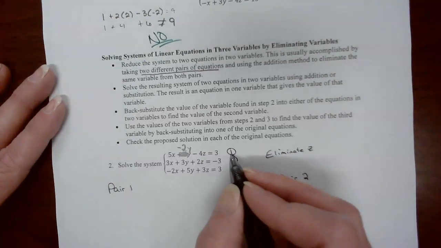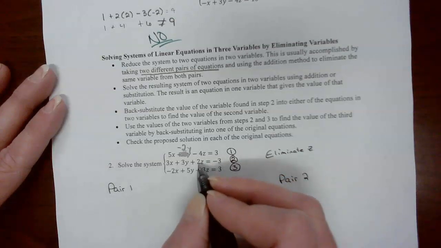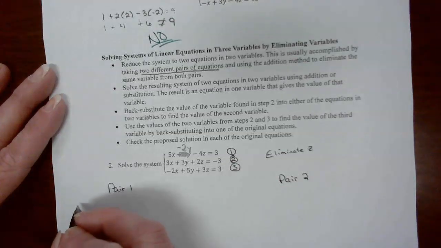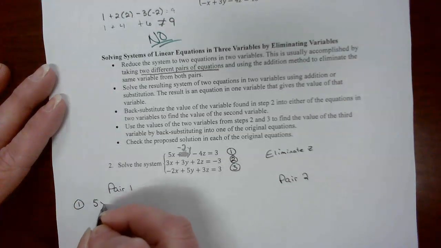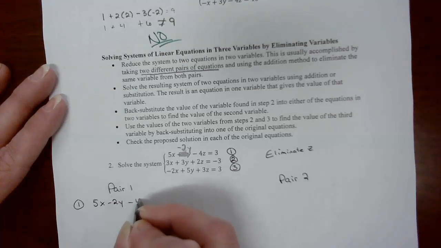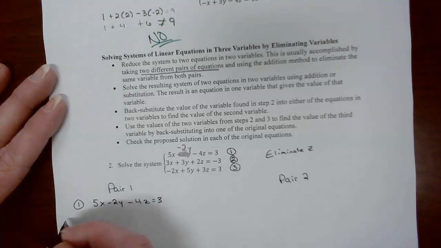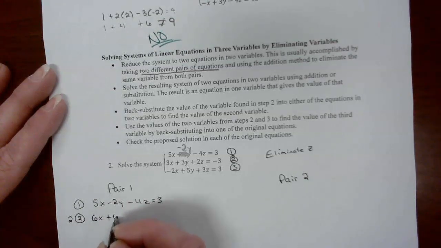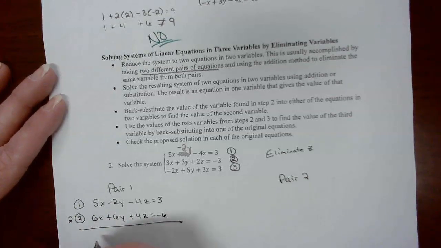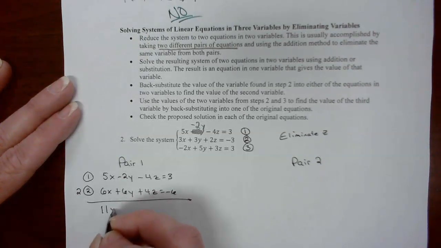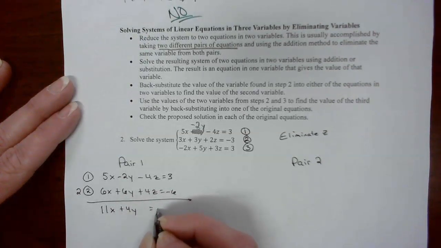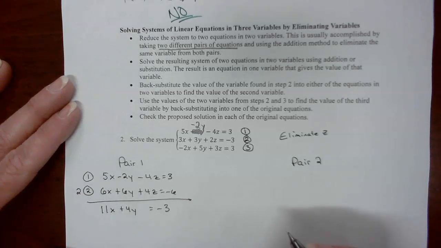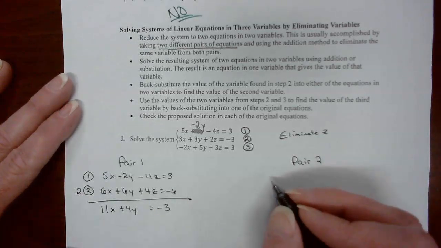So I'm going to take equation 1 and equation 2, but I will need to multiply equation 2 by 2 to get a +4z. So equation 1 is going to come just like it is. And I'm going to do 2 times equation 2. Let's add those together. Nice, z is gone.